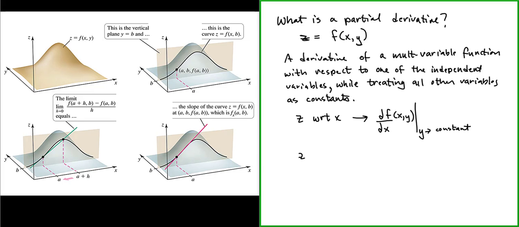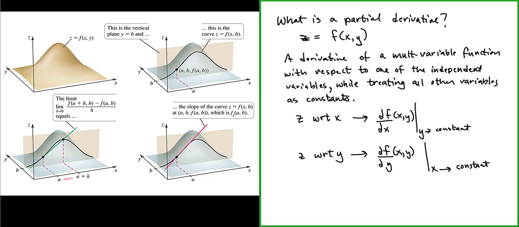If we want to evaluate the partial derivative of z with respect to y, well, that's found by evaluating the derivative of our function with respect to y, except this time we're going to treat all other independent variables, in this case the independent variable x, as a constant.